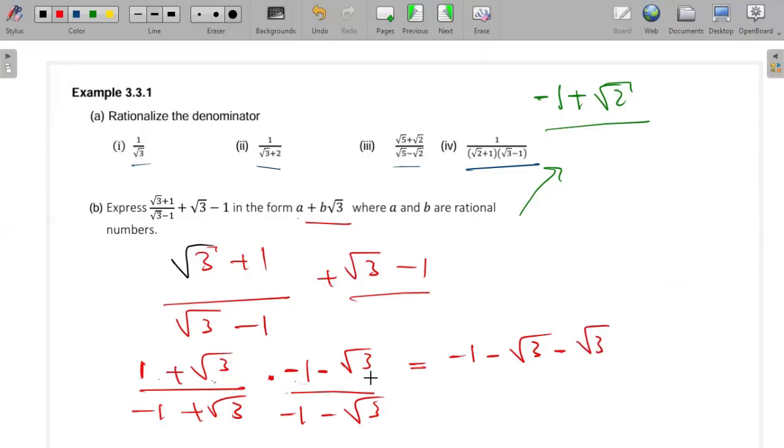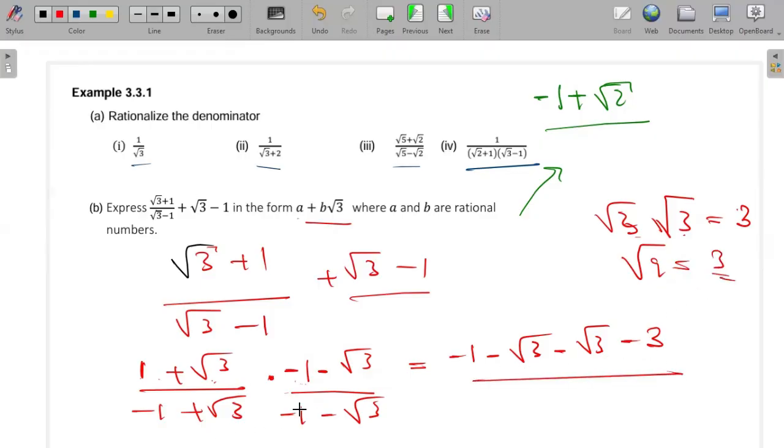Then this root 3 multiplied by the negative root 3 gives you negative 3, since I'm multiplying the square root of 3 by itself. As we said, 3 times 3 is 9, and the square root of 9 is just 3. That's why we get 3 there.